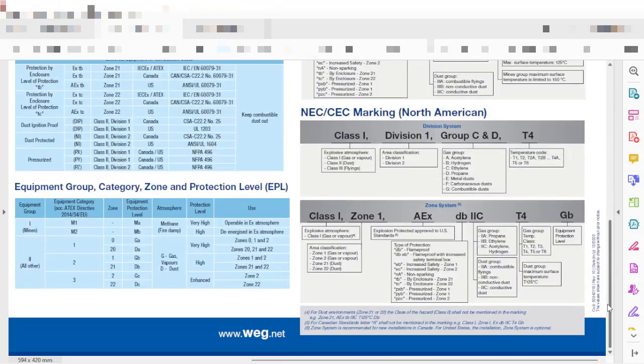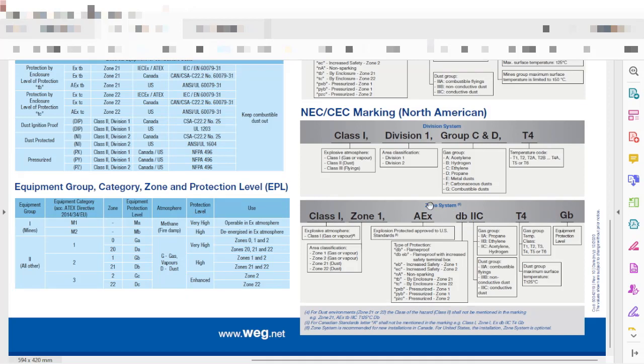And that is different than the NEC and CEC North American codes or standards, where we can use the division system that is organized in class, divisions, groups, and temperature, or the zone system where we have the class, zone, and other information for the electronic and electrical equipment specification.